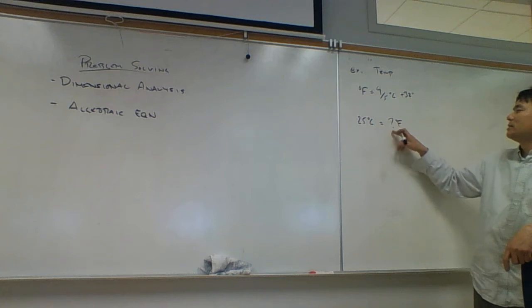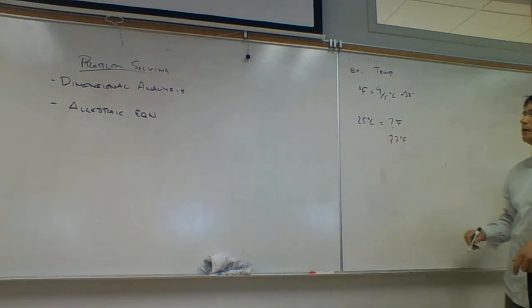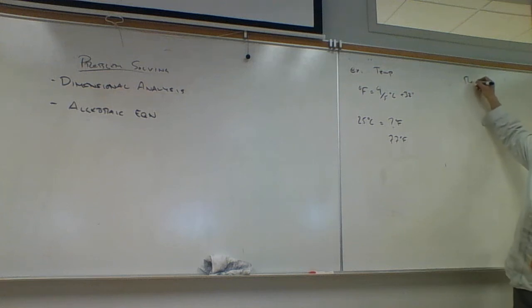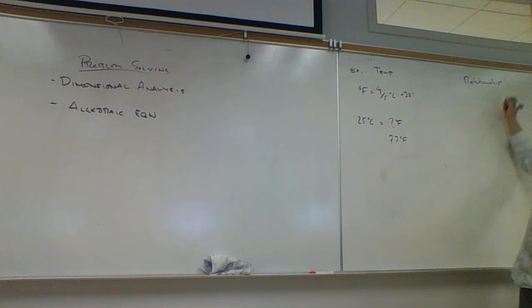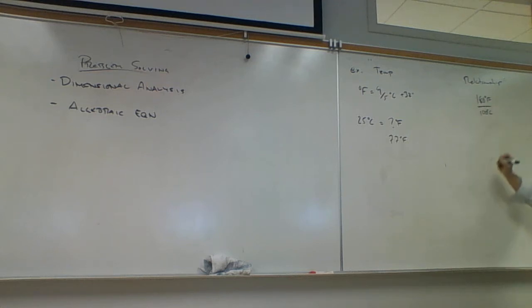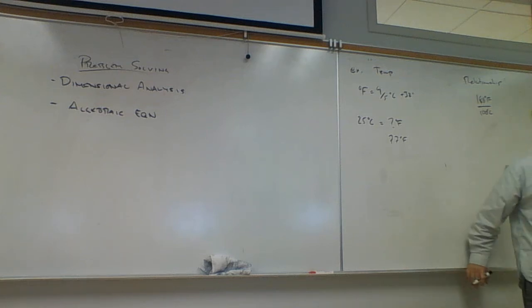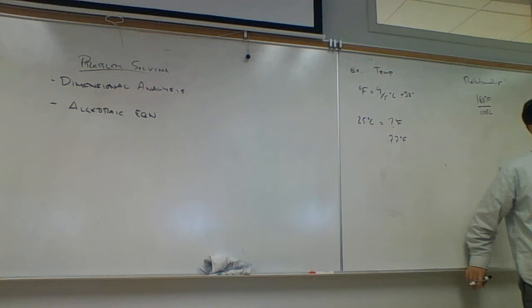So 25 degrees C, we got 77 degrees Fahrenheit. And so we could try, there is a relationship between Celsius and Fahrenheit. The relationship between Celsius and Fahrenheit is that for every 180 degrees Fahrenheit, we have 100 degrees C. And so if we have 100 degrees C, then we have 180 degrees Fahrenheit, correct? Do you remember seeing this ratio?